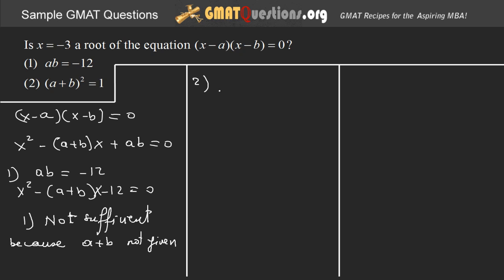Number 2, quickly, we are given that (a plus b) squared is equal to 1. So a plus b equals 1, or a plus b equals negative 1. And that is the problem. We don't even know what the sum is, and we don't know what the product is.